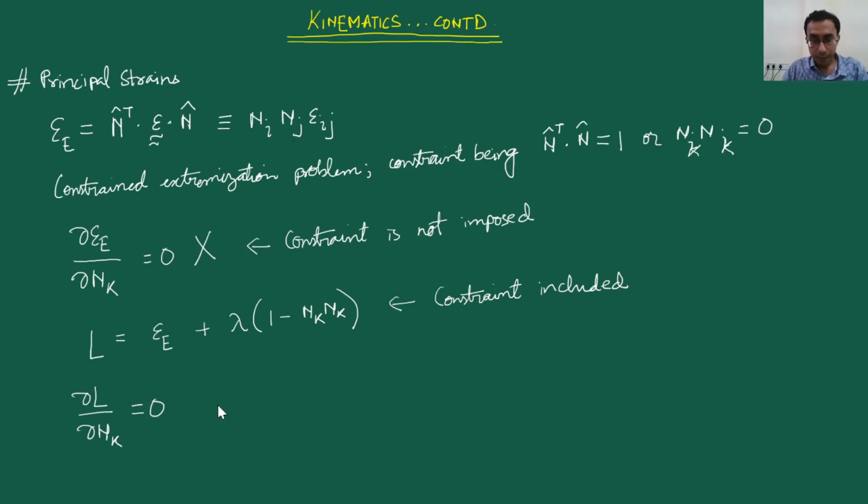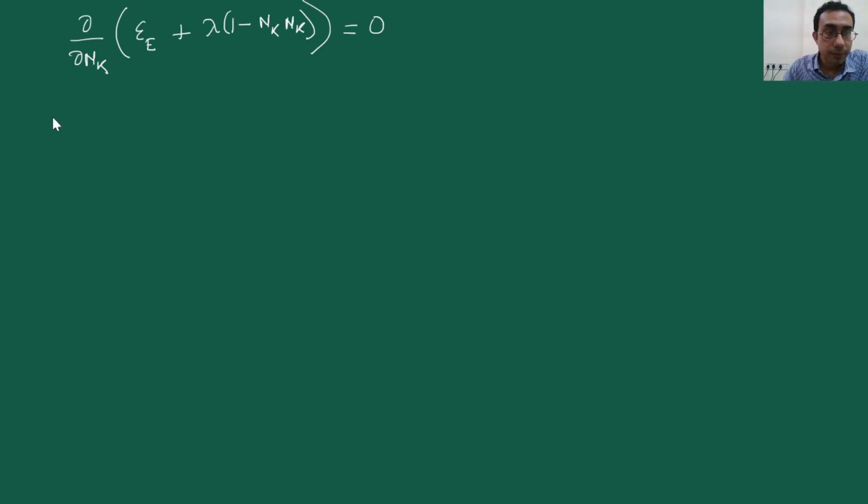Okay, so let me go to the next page and proceed with the actual steps. So I'm just repeating whatever I had written for the capital L earlier. This is equal to 0.